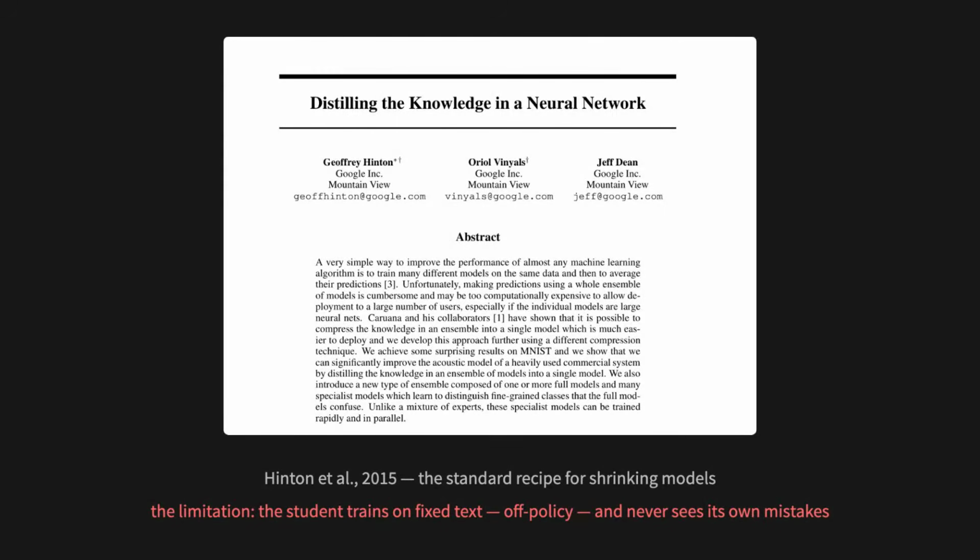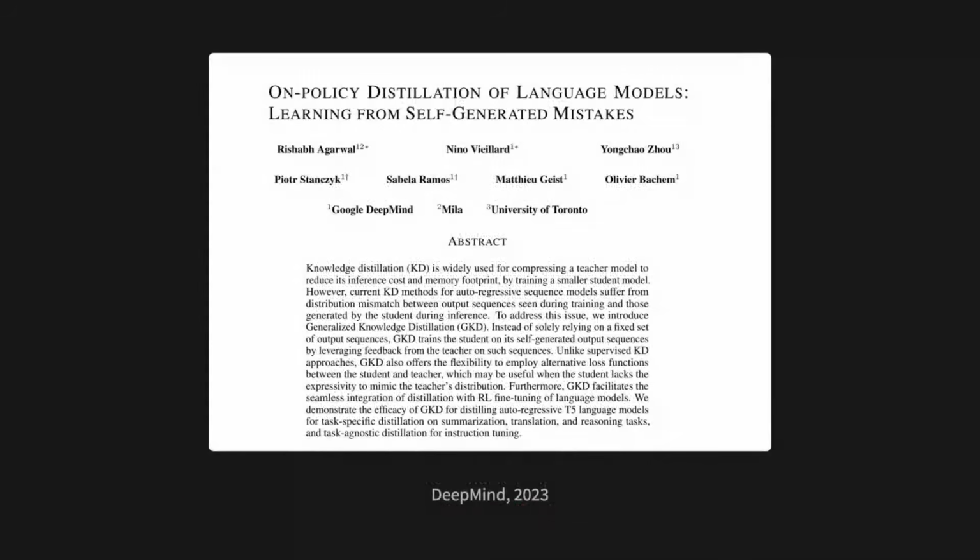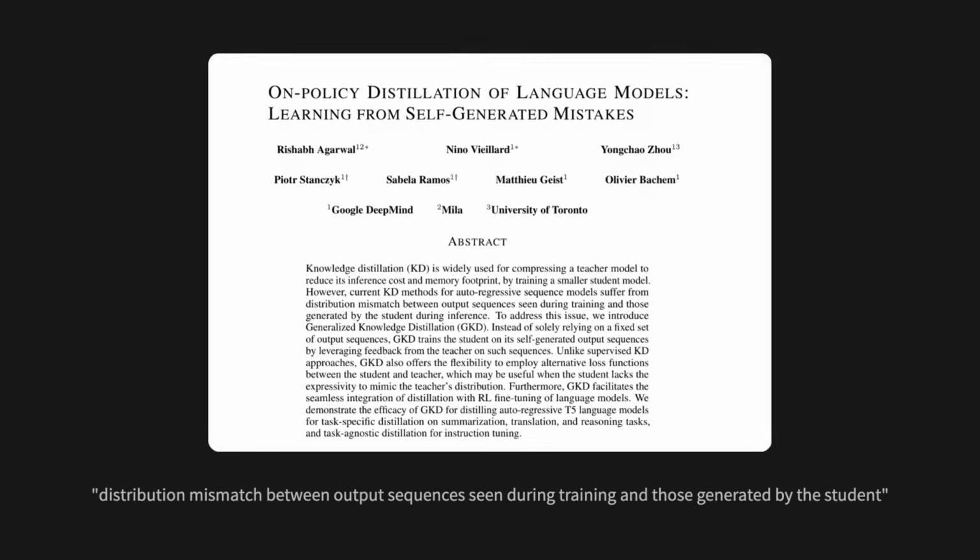Hinton's team called the paper Distilling the Knowledge in a Neural Network, and it became the standard recipe for shrinking models. But notice the limitation. The student still learns from fixed text, so it still never sees its own mistakes. That missing piece is exactly what a DeepMind team fixed in 2023. They observed that a student trained on fixed text drifts off course the moment it writes its own answers, because nobody ever graded its own writing.